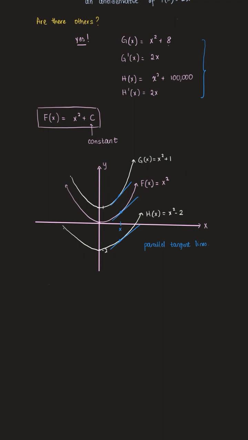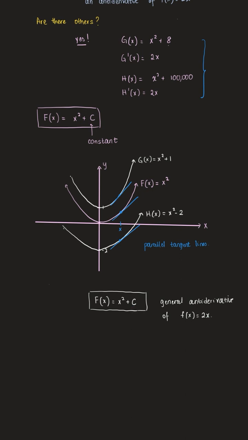And so we're going to call our capital F of x, x squared plus c, the general antiderivative of little f of x equals 2x, because this gives us an infinite number of functions that have the same derivative.